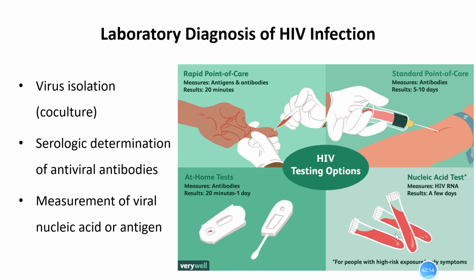Here are some methods for laboratory diagnosis of HIV infection. And because of this serious problem, methods have been developed in different ways for diagnosis. No matter you want to detect the presence of antigen or the presence of nucleic acid. Here are some ways you can take, such as virus isolation.